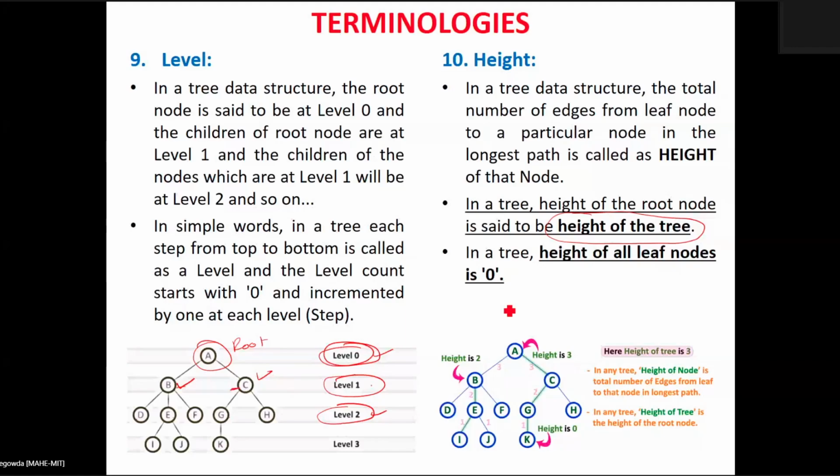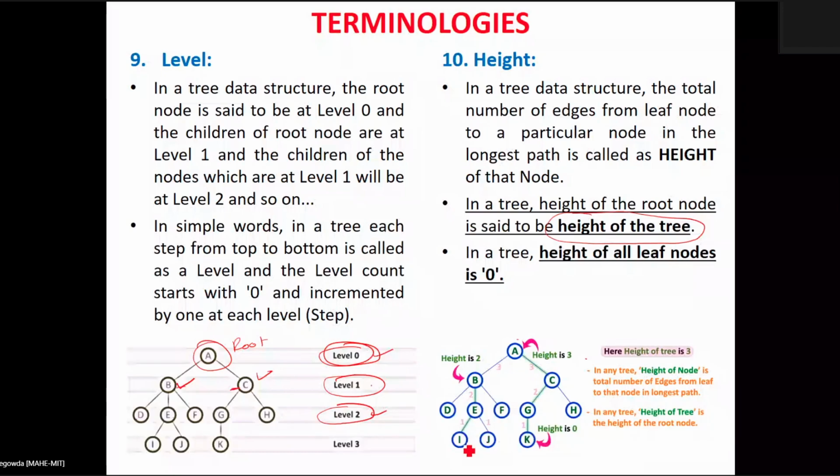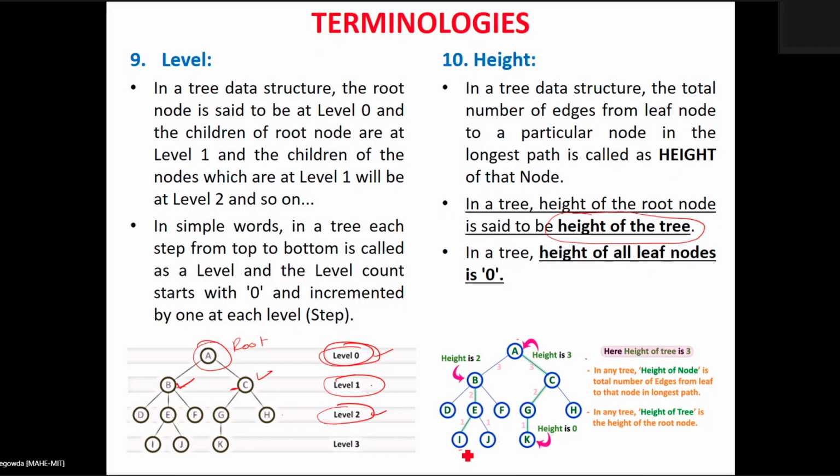If you look at this particular example here, the height of A is 3. This is the longest path from the leaf node to the root node. If you look at this one, the longest path we have is for I, J and K. The number of edges to reach from the leaf node I to A is 3: 1, 2 and 3.